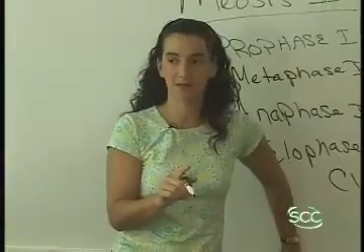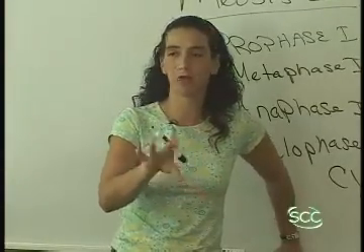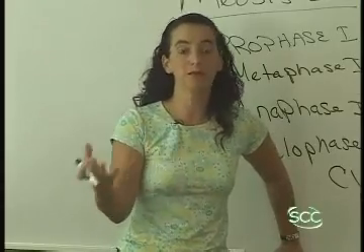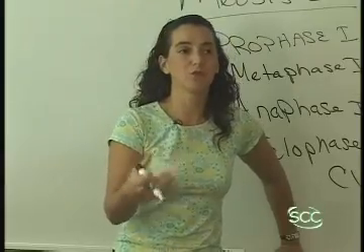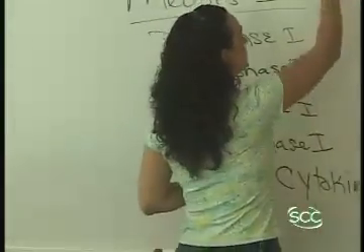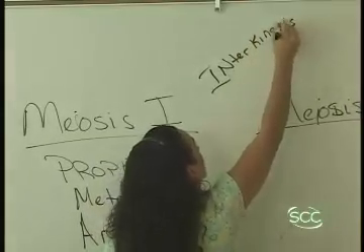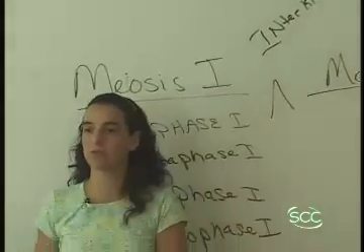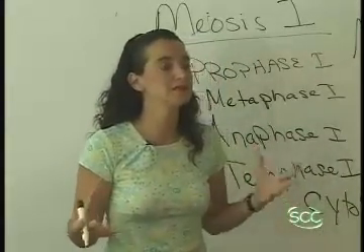The cell goes into a very short, mild resting period known as interkinesis between divisions. So we go through interkinesis before we enter meiosis 2. Between meiosis 1 and meiosis 2 is this period known as interkinesis, between divisions.